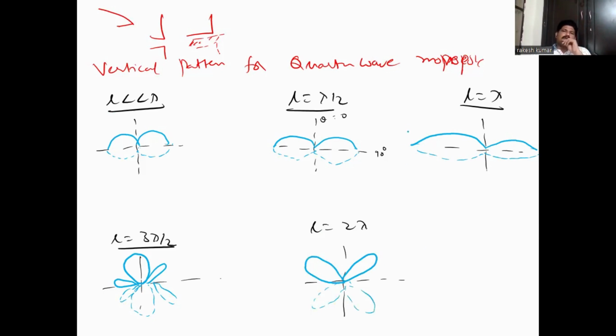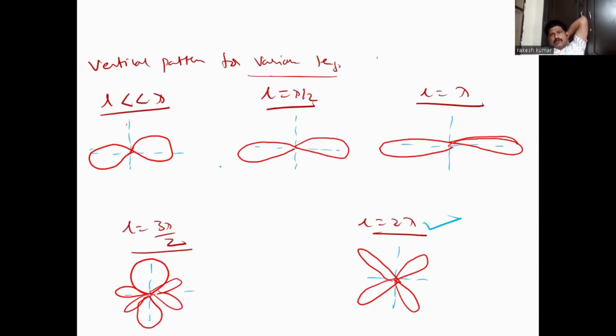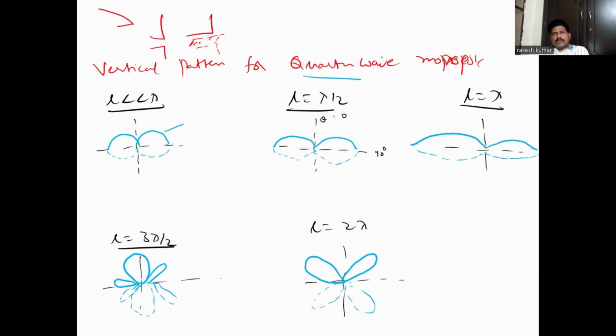So these are the quarter-wave ones. The top one is the real part and the bottom one is the image part. This is for the half-wave dipole, and this is for the quarter-wave monopole.